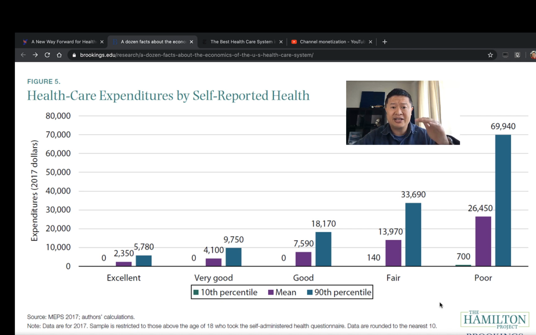And if they're in the 90th percentile, like the least healthy of that poor health group, the expenses per year can be $70,000. And even for the fair health group, the 90th percentile, the top 10% most expensive, are pushing almost $34,000 a year in healthcare expenditures.